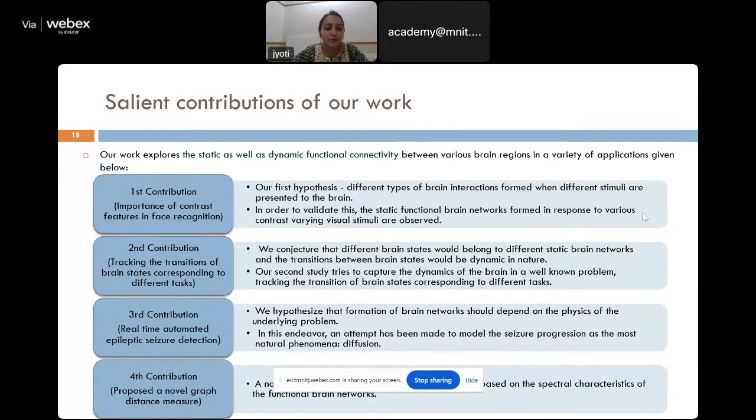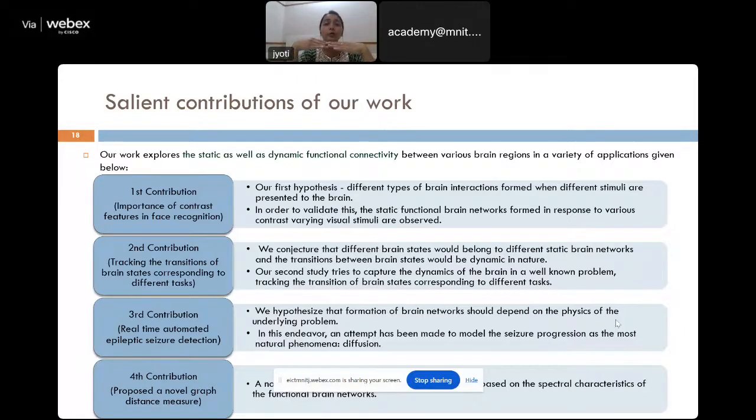So these are the four contributions which I'll be discussing in today's presentation. The first is, we hypothesize that, as I have already mentioned, when we are doing different tasks, our brain will be in different brain states, meaning different interconnections will be there.